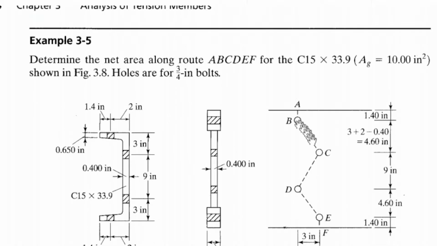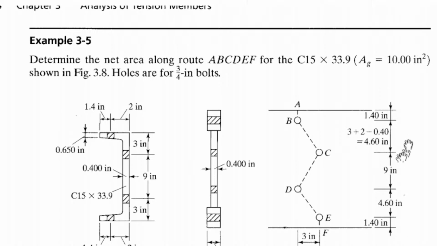But this is 4.6, so we can only multiply by 2, then 4.6, and then 1. So there are 3 staggered distances. There are 4 holes, but there are 3 staggered distances. Okay, take note.